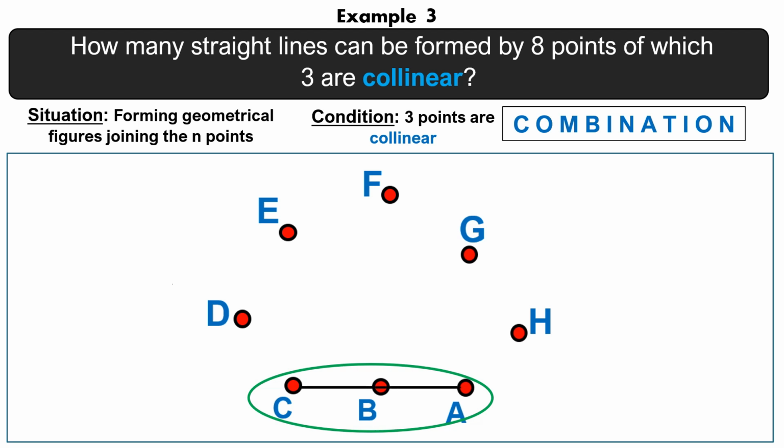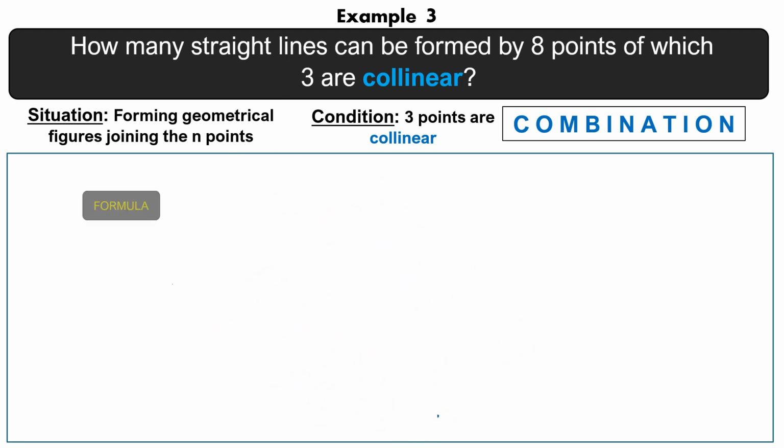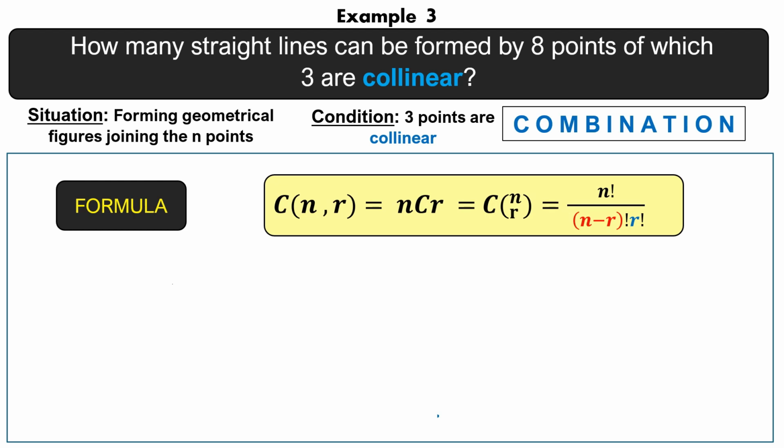Okay, recap ko lang ng konti si combination formula. The formula for combination is n choose r is equal to n factorial divided by n minus r factorial times r factorial.